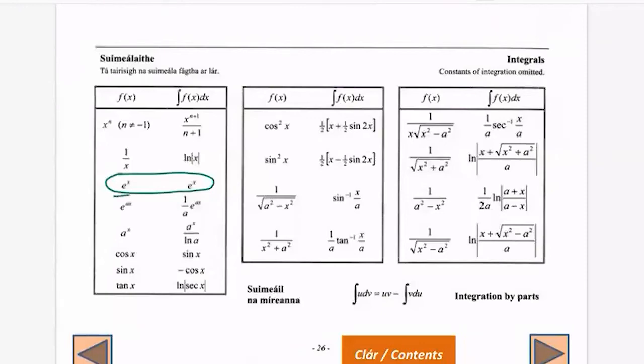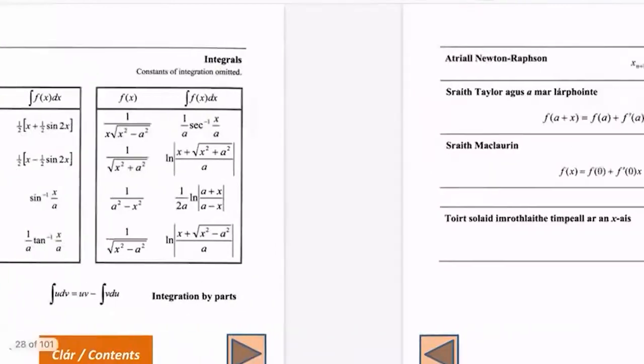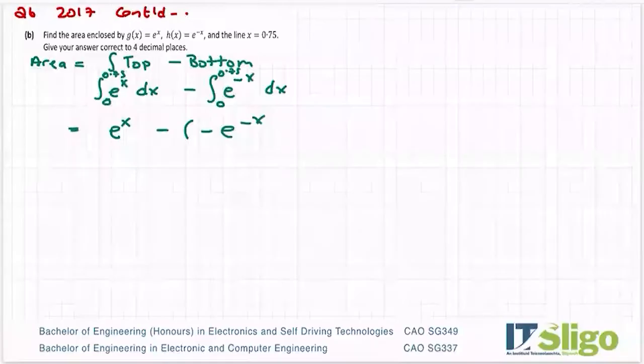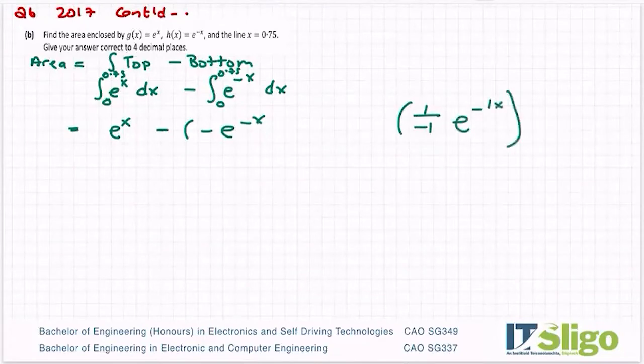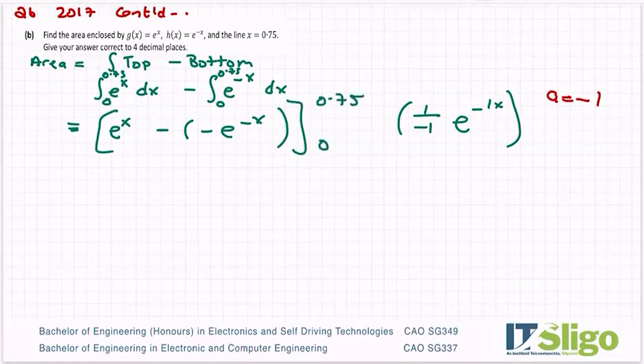What I'm using for this one is I'm taking that minus sign down. So it's 1 over minus 1. That's what my a is in this case. That's where I'm getting this minus here. So in fact, it's 1 over minus 1 e to the minus 1x. So my a in this one is minus 1. I hope that makes sense. And it's both of them between 0 and 0.75.